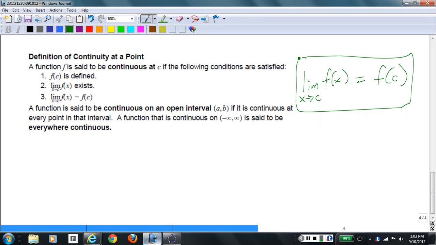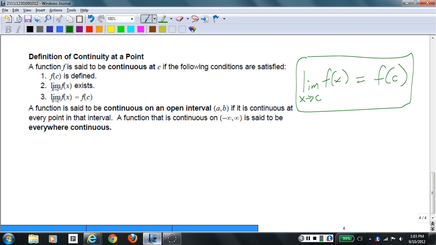If you can actually talk about f of c on the right-hand side, number one is satisfied. And number two, the limit must exist in order for it to equal f of c, so that covers number two. And then three, well, that's three. So if you just take statement 3, that's the definition of continuity at a particular number c in the domain of a function.